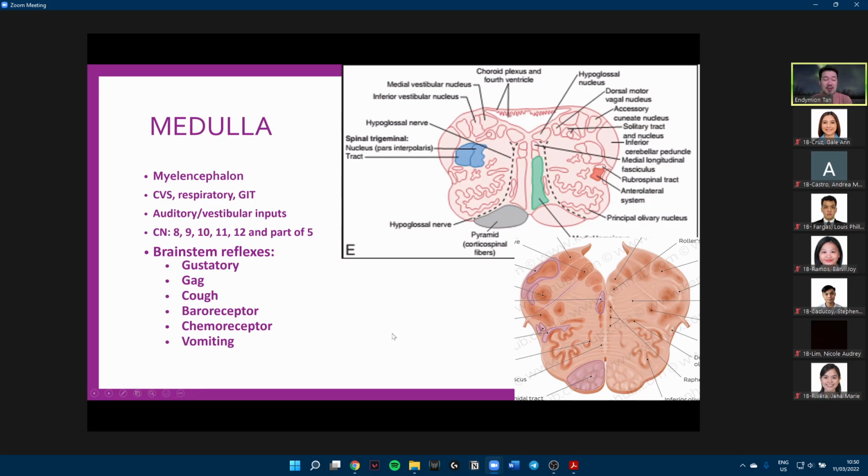Therefore, in the exams or in clinical scenario, if you have a patient, for example, a 50-year-old patient with a bleed in the medulla, the following functions will be lost. Ano-ano ba yung pwedeng mawalang function? Pupillary light reflex ba pwedeng mawala? Not necessarily, kasi part ba siya ng medulla? Hindi.